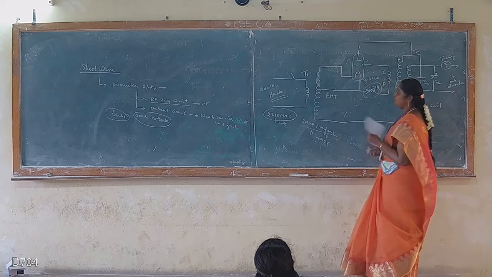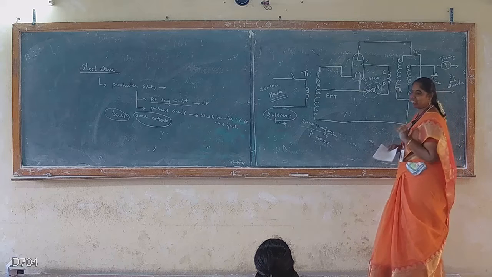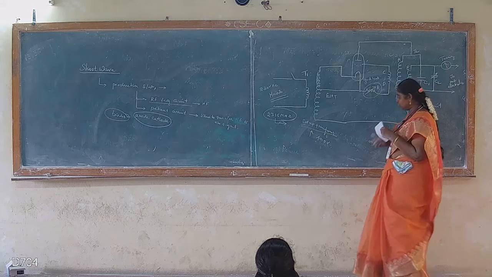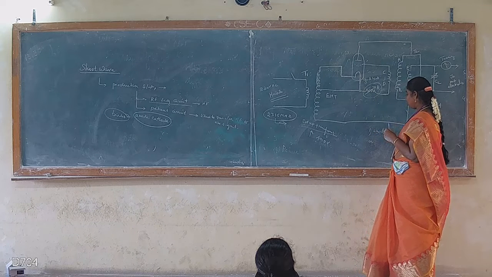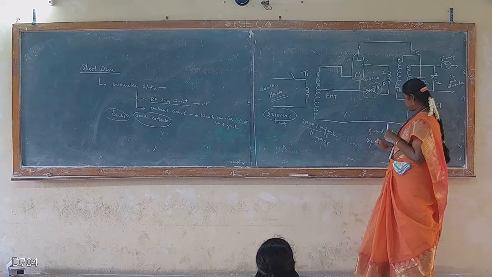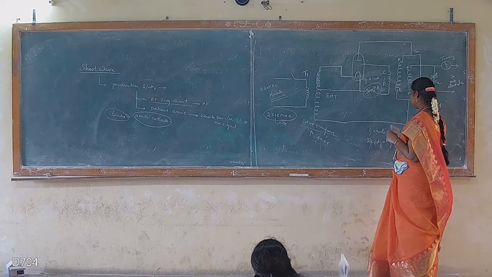How can we control the high frequency amount? There are a variety of possibilities in the case of shortwave diathermy. One is by adjusting the anode voltage. The second one is by adjusting the grid bias.